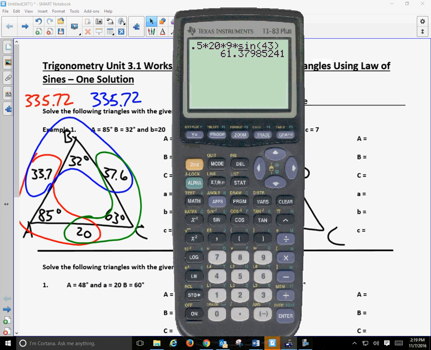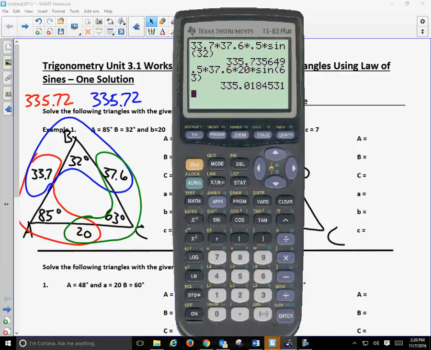If we do the blue, we got 33.7 times 37.6 times 0.5 times the sine of 32. Oh, you did the green. Okay, that's fine. If we try the green, 0.5 times 37.6 times 20 times the sine of 63.